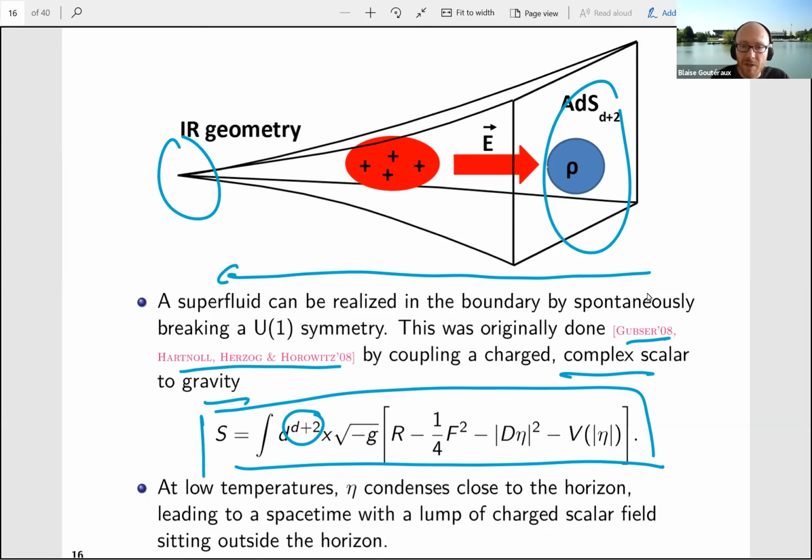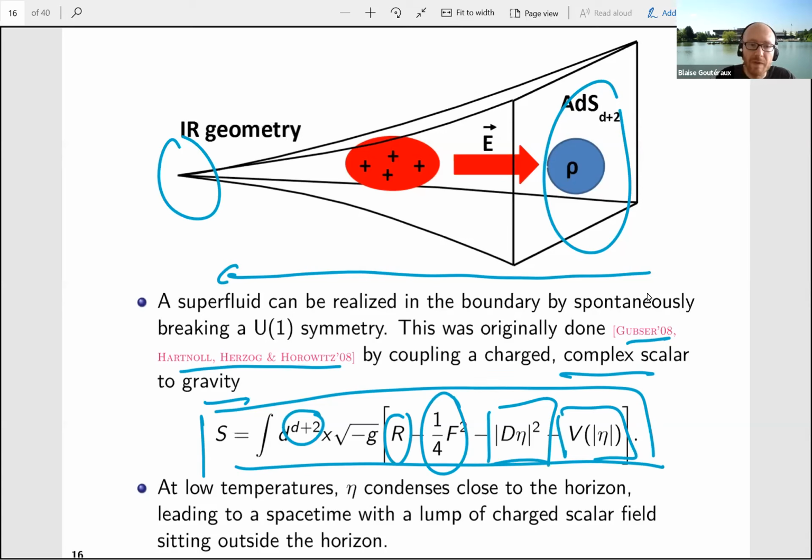So this gravity action has the usual ingredients that you would expect in applied holography. It has Einstein gravity under the form of the Ricci scalar. Then it has a U1 gauge field with just a Maxwell field strength term. And then it has a charged complex scalar with some potential.